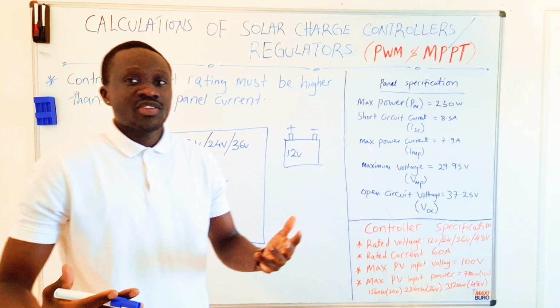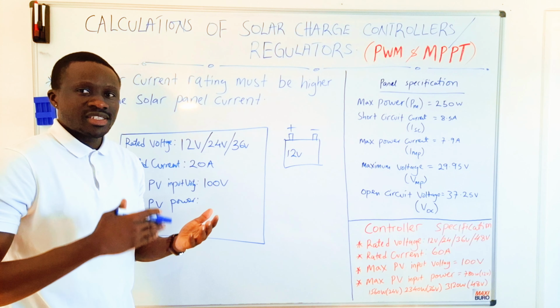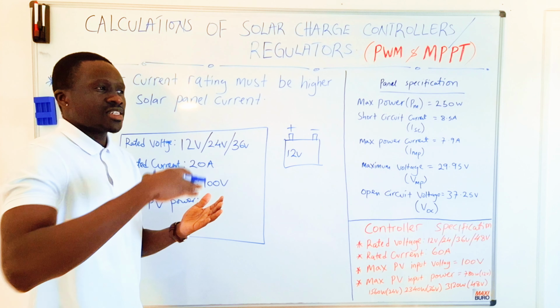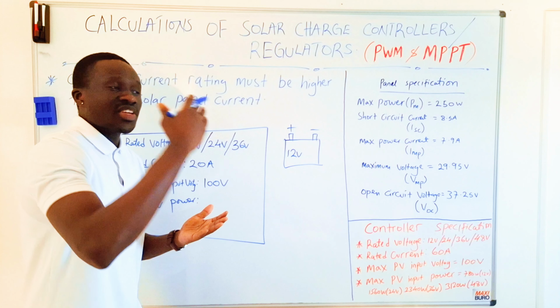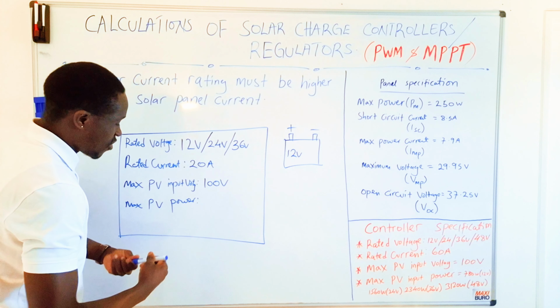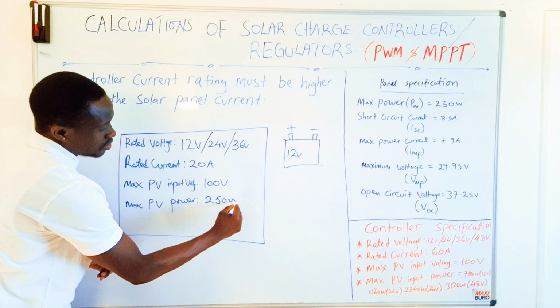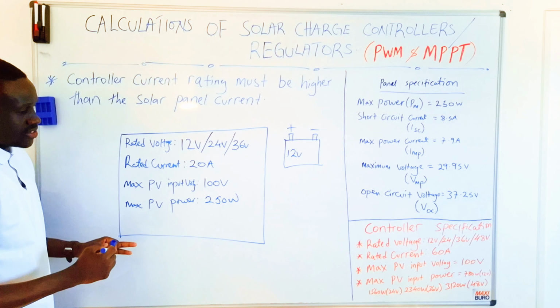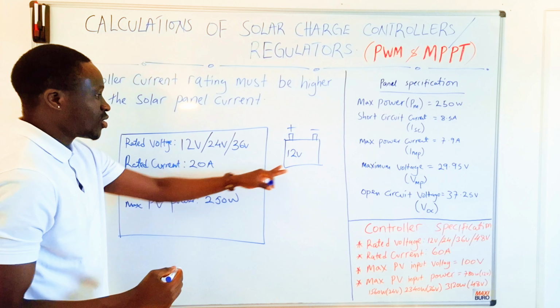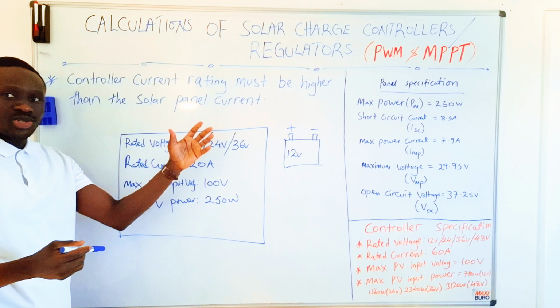The power rating of the panels can be 100 watts, 120 watts, 250 watts, 300 watts. This is what it means, let us say 250 watts. This is the information you will find on the regulator, on the charge controller.